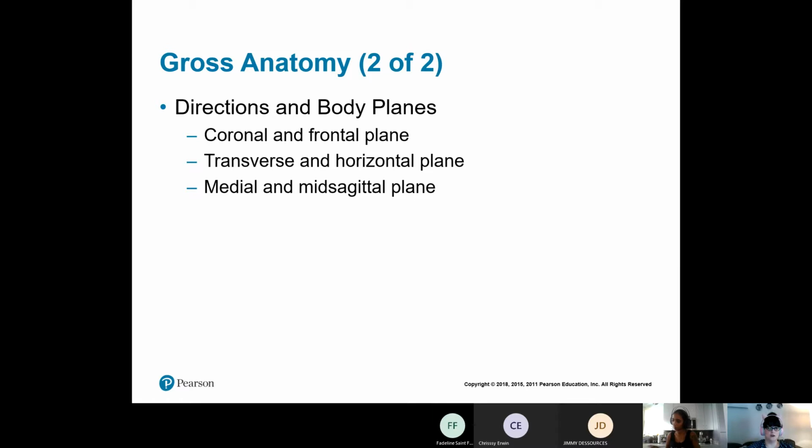One of the things that after we get past medical terminology and we start to understand the basis of how our words are put together, the next thing that we need to start tackling is understanding our body and where it's placed, and how to give directions and terms to our body.